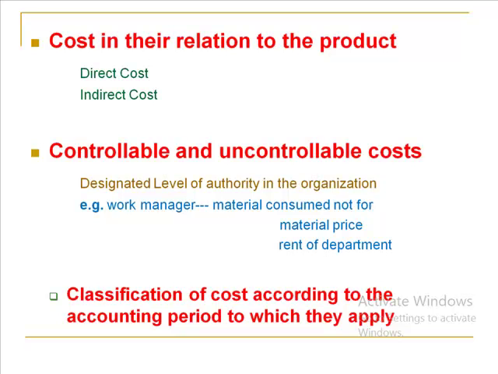So this is what we do. We classify cost in our organization based on accounting period to which they apply. Suppose the total cost incurred in our factory is 12,000. So 12,000 is the total cost of what? Of our year. Now what we are doing?